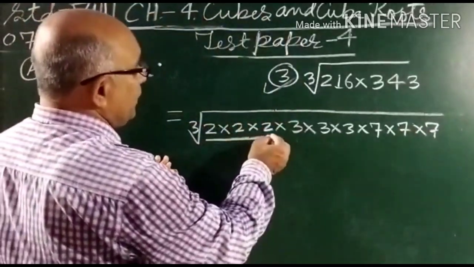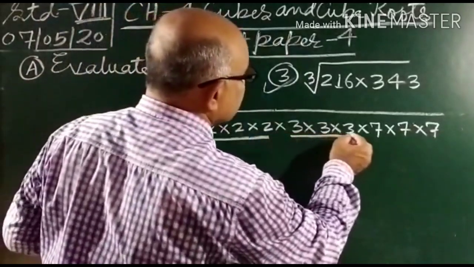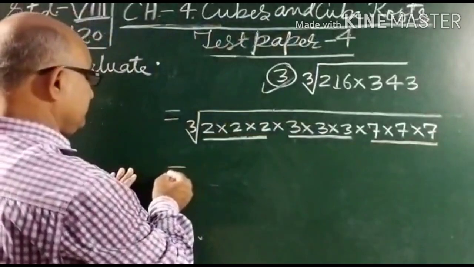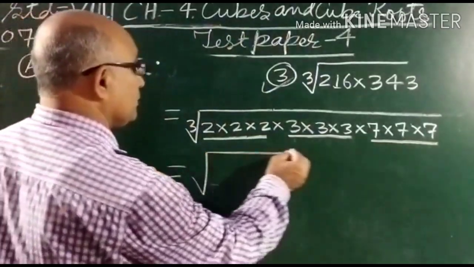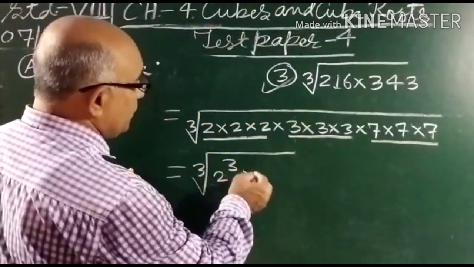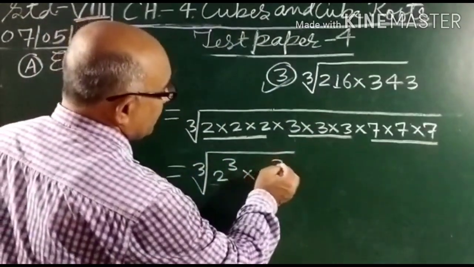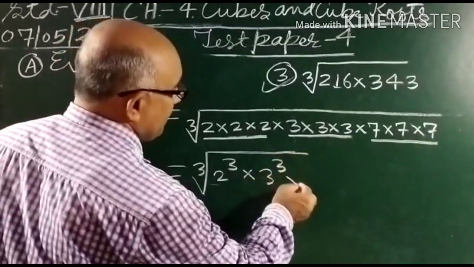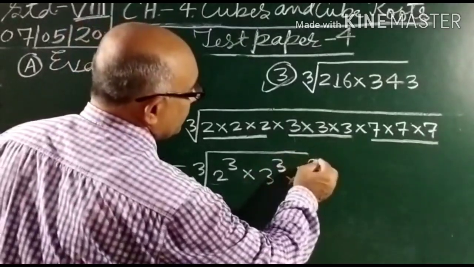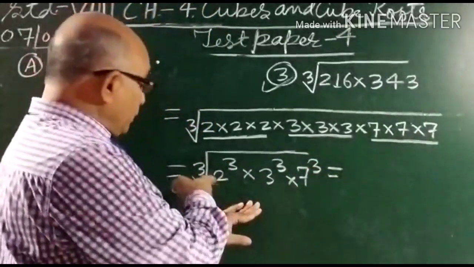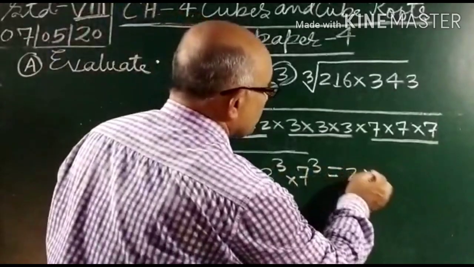Make a pair: 2 into 2 into 2, 3 into 3 into 3, again 7 into 7 into 7, equal to cube root of 2 cube into 3 cube into 7 cube. The cube root of 2 cube is 2.